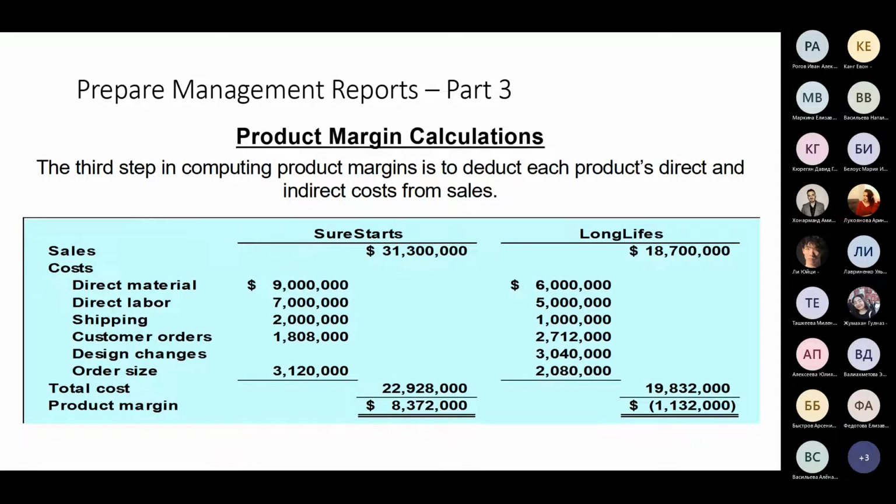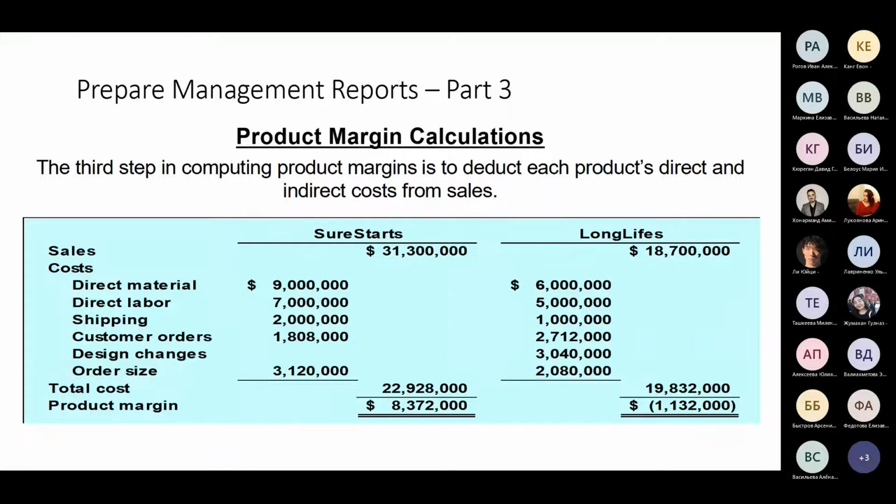But product margin is usually calculated to collect the information about the potential productiveness of each product, about the potential profitability of each product, because you know that product margin is not the net income, because we have to subtract some other expenses, like administrative expenses and so on, and our margin will be reduced, and finally our profit, I mean the net income and the real profit after taxes, would be much lower than we can see here in product margin.